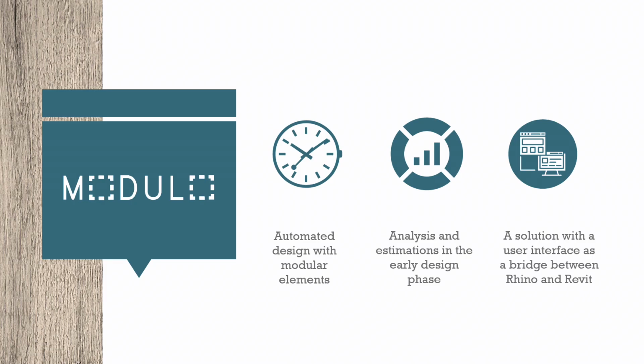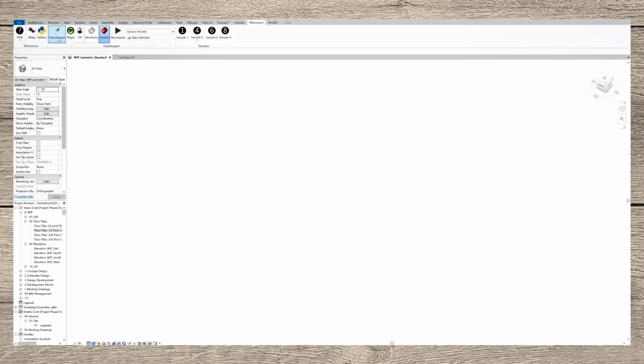We call this software Modulo, and it allows you to automate the design of modular buildings, to perform analysis and estimations early in the design process, including cost, CO2 emissions, and environmental simulations. And it acts as a bridge between Revit and Rhino with a convenient user interface. We will now give a short demo of the software.